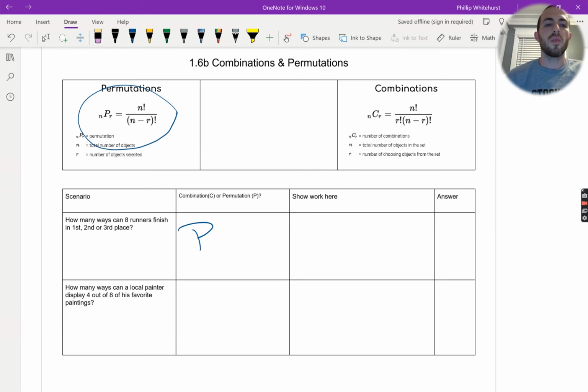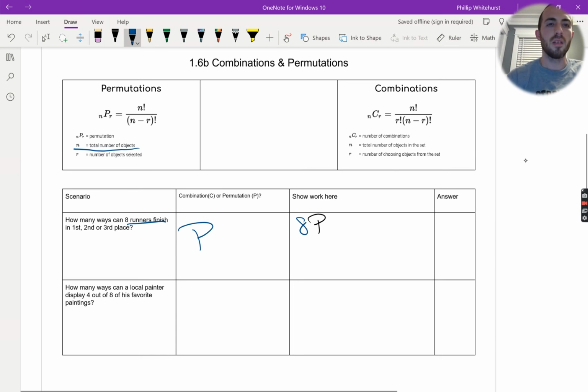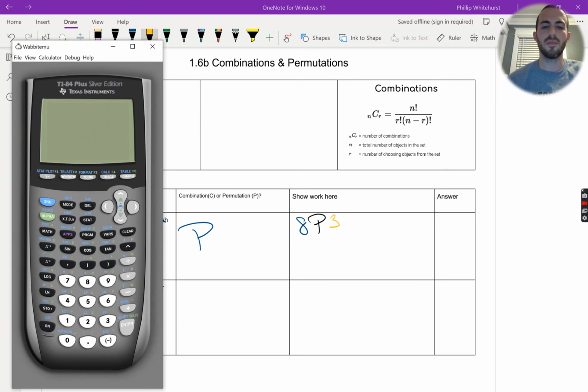So the only thing we have to identify is the N and the R. N is the total number of objects, and in this case, that is the 8 runners. P, because it's a permutation, and then the number we're selecting: first, second, and third place, so we're selecting 3 out of the 8. We're going to put that in the calculator.